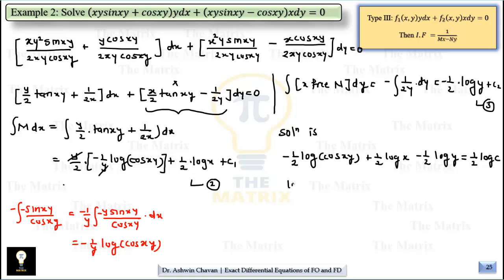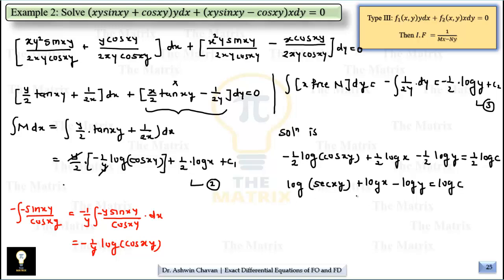Using this minus sign, it can be written as log of sec of xy. This is plus log of x minus log of y, equal to log of c.